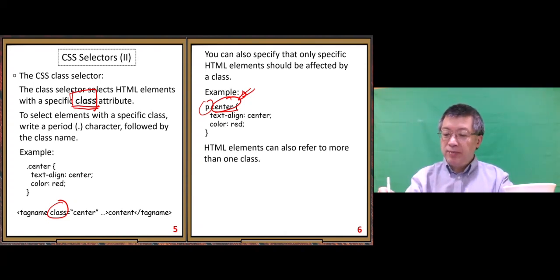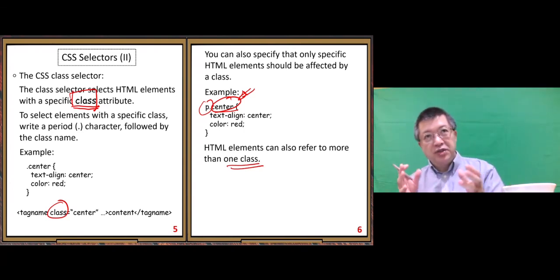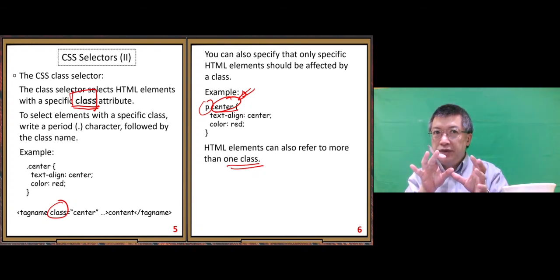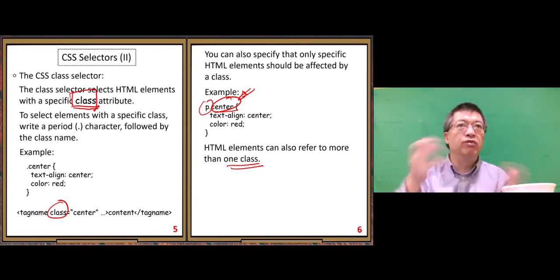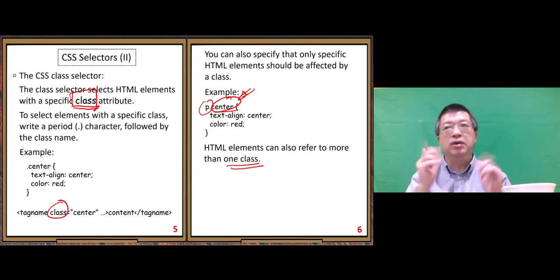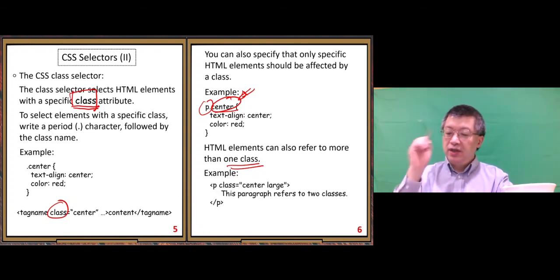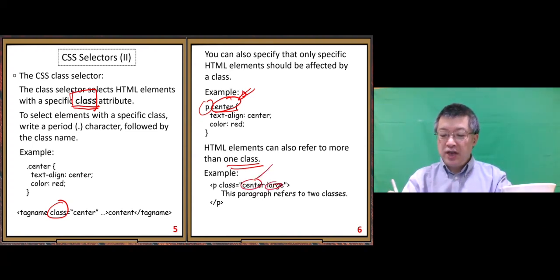Another possibility is that elements can refer to more than one class. One class provides one set of rules, but sometimes you can apply multiple sets of rules on the same element. That is allowed. For example, in this special case we have two classes, a center class and a large class.